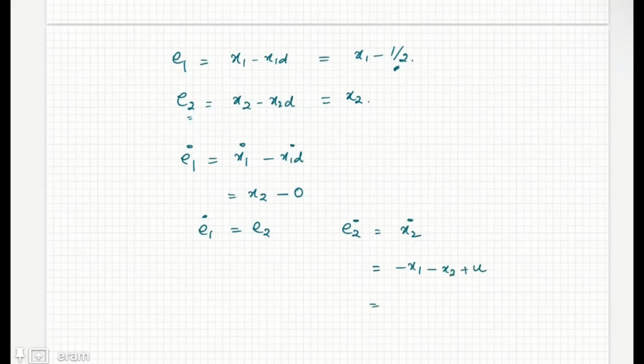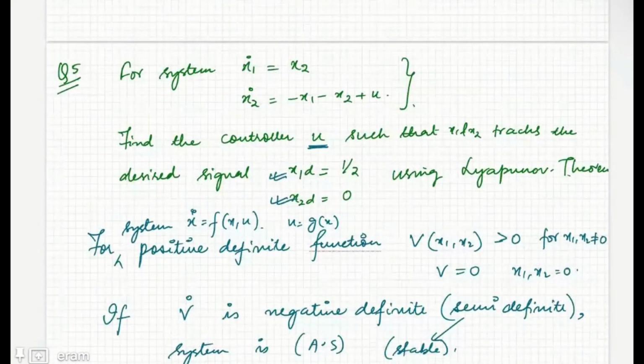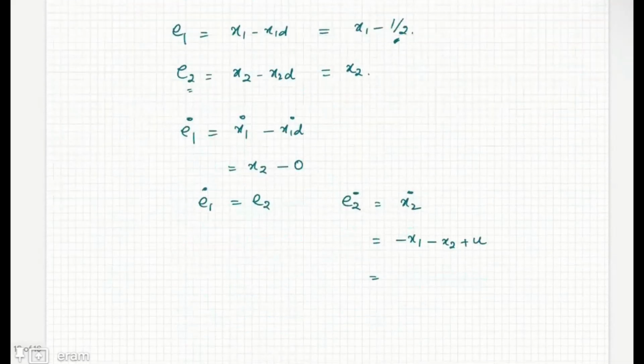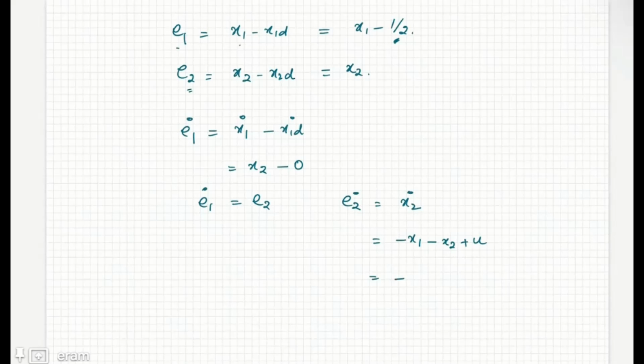We can write x1 in terms of e1 as e1 plus x1 desired, so it is minus e1 minus x1 desired, and then minus x2, and x2 is nothing but the signal e2, so it is minus e2 plus u. So this is our error dynamics for e2.